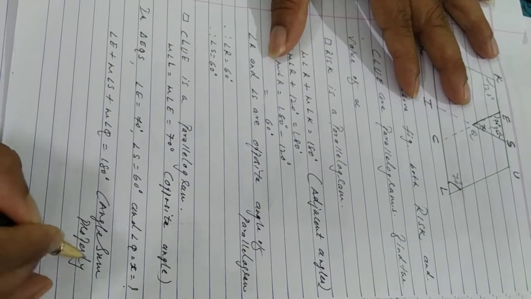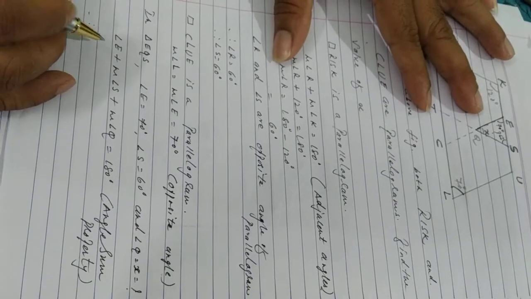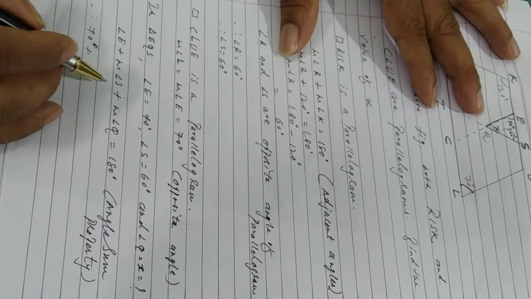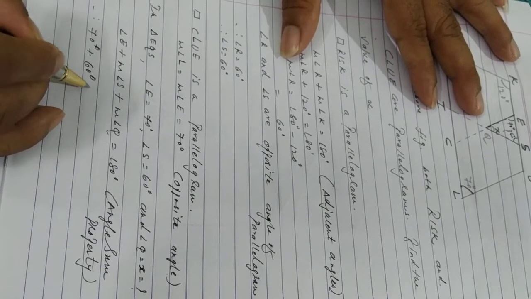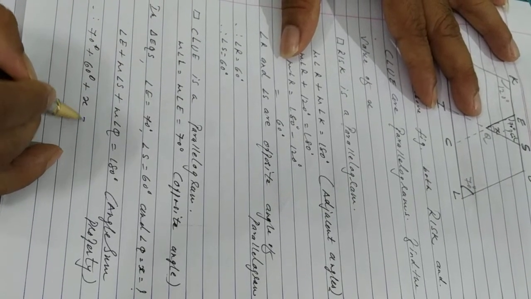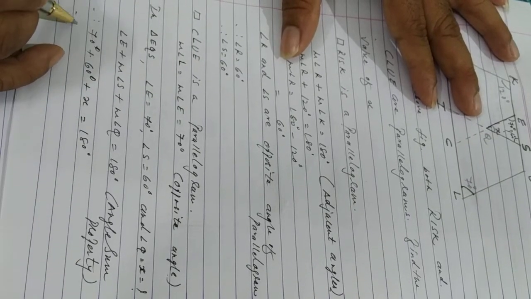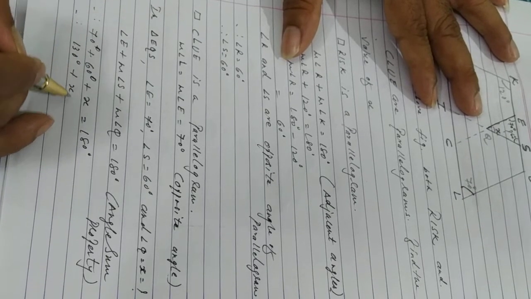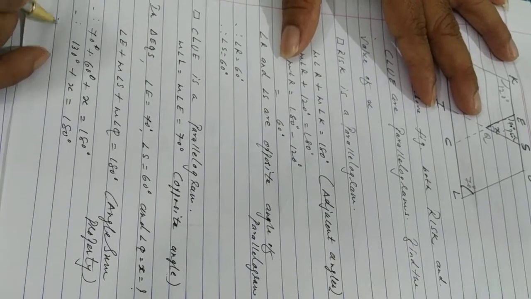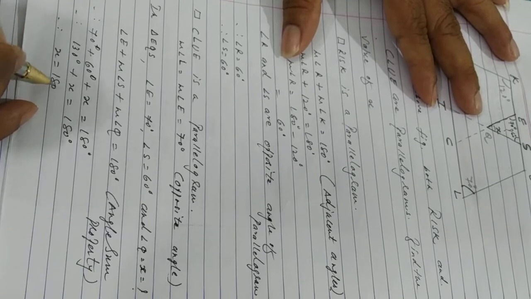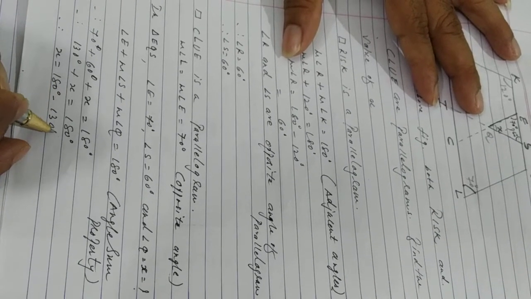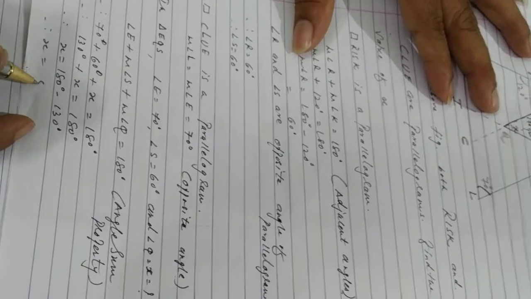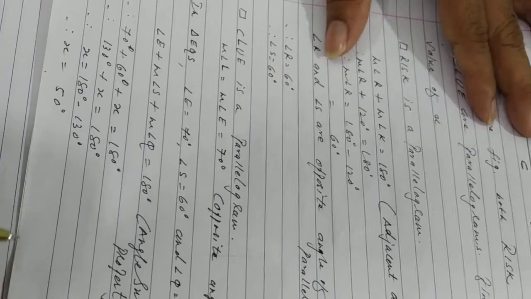Now 70 plus 60, 130 degree, plus X is equal to 180 degree. Therefore X is equal to 180 minus 130, which is 50 degree.